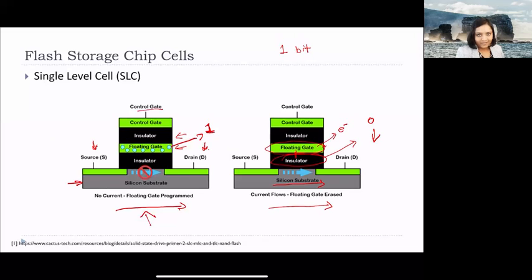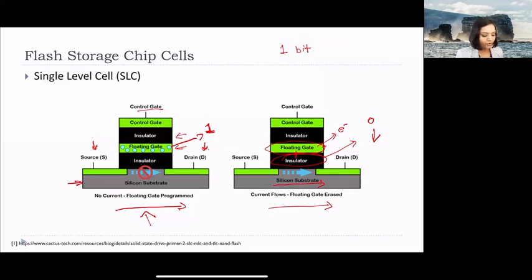It occupies more space because the density at which we are packing the data with respect to the physical material is very low, only 1 bit in 1 transistor. So an SLC SSD could look big for a certain capacity, but it gives us better performance.